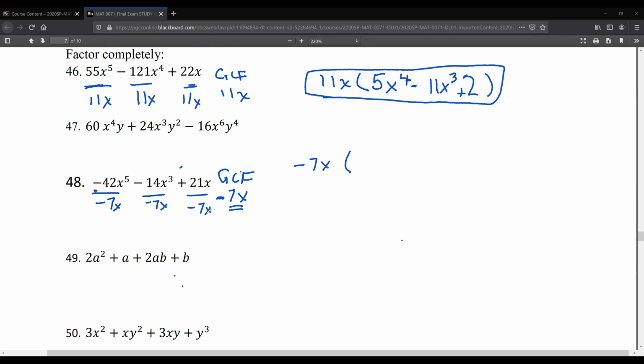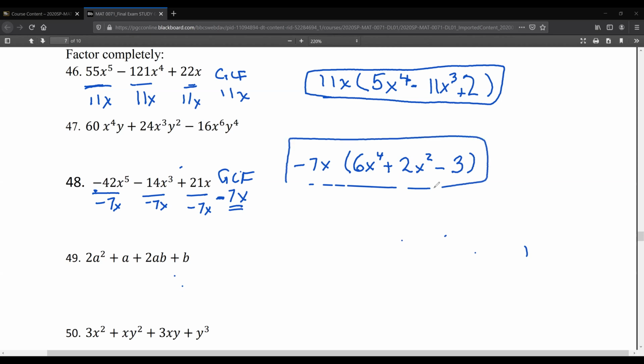Your first term is going to be what? 6x to the 4th. Very good. The second term is going to be positive 2x squared. In the third term, negative 3x. Very good. It says to factor, so you want to make sure you handle that.